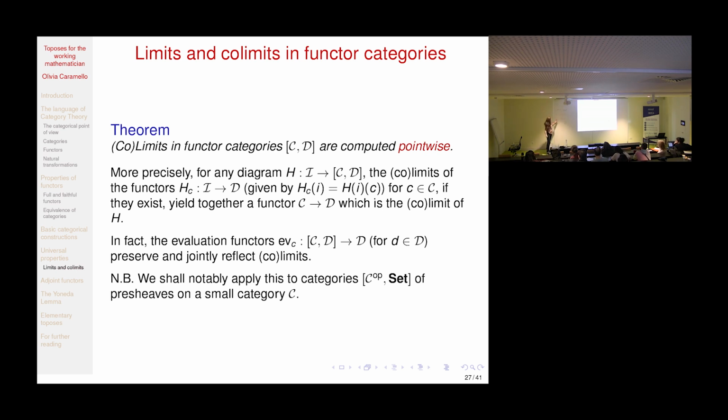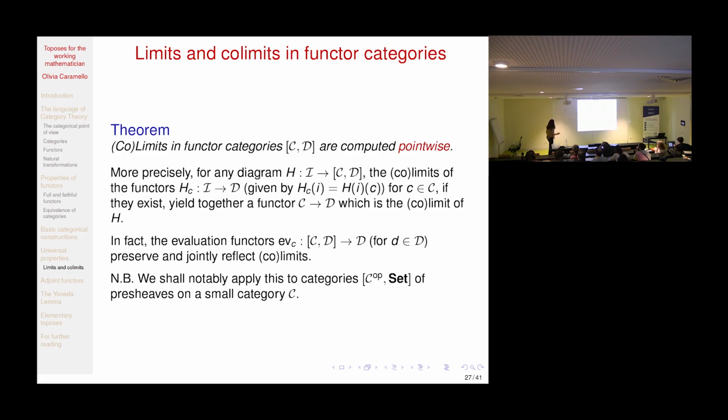So the idea is to use this collection of functors, because of course I have one of such functors for each object of the source category. The idea is to use all of them together and the limits or colimits that we suppose to exist in D to construct limits or colimits in CD.